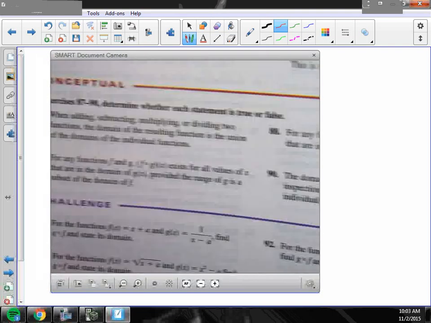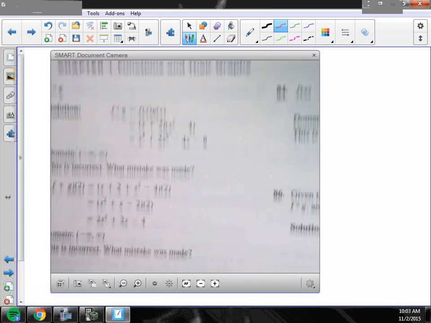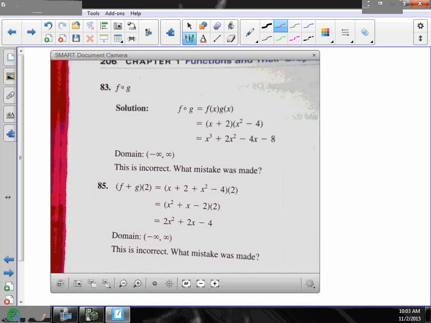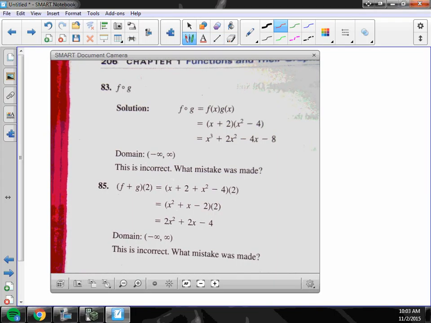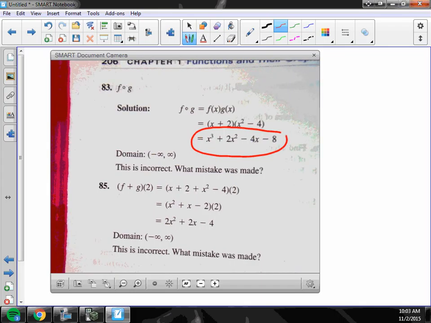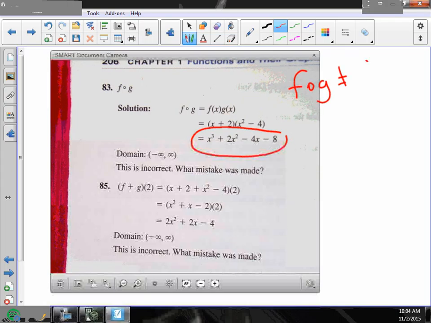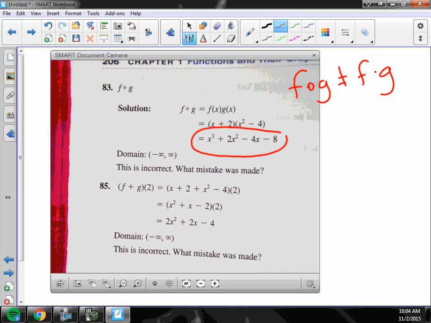83, f of g. So f of g is f of x times g of x, simplifies down to this. What's the mistake? Right. F of g is not the same thing as f times g.